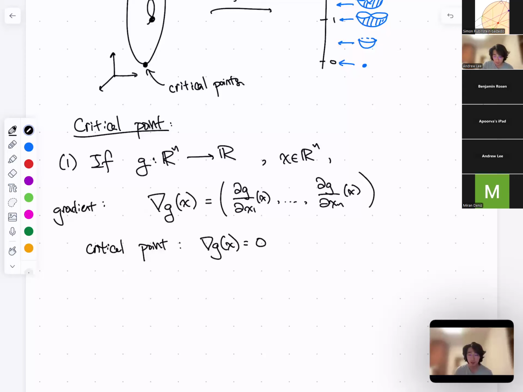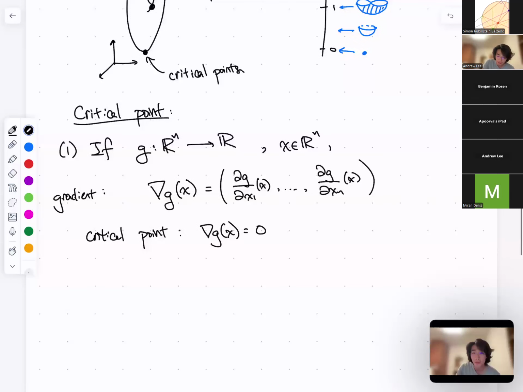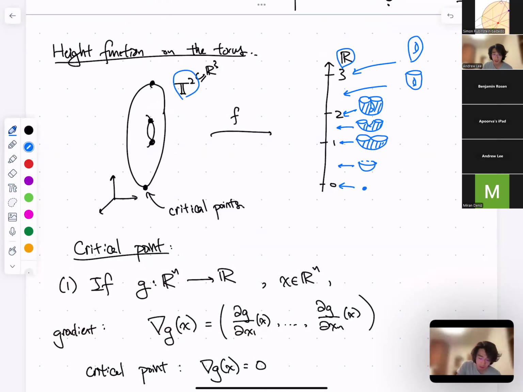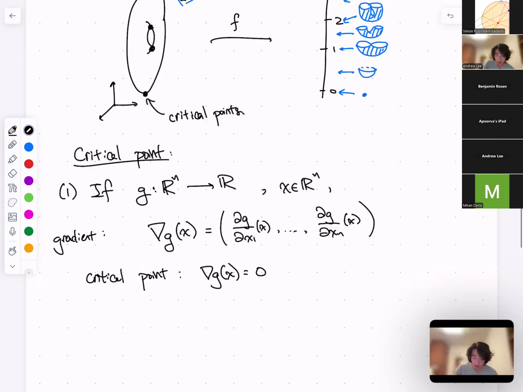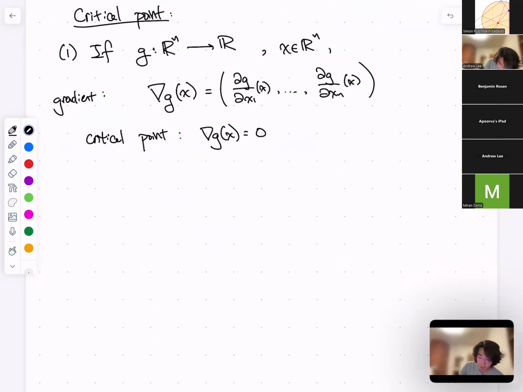Okay, but remember, we were looking at a function from the torus to R, not from Rn to R. And so there's a little bit of a subtlety here that we have to fix. Actually, in this setting, we want to consider f as a function restricted to the torus.